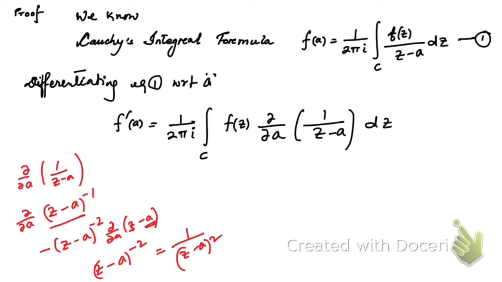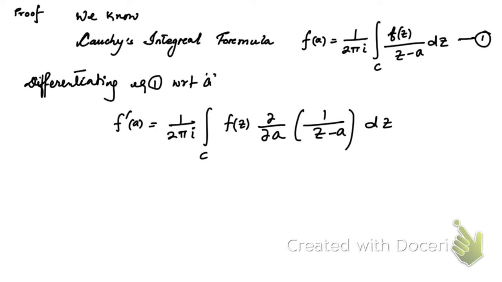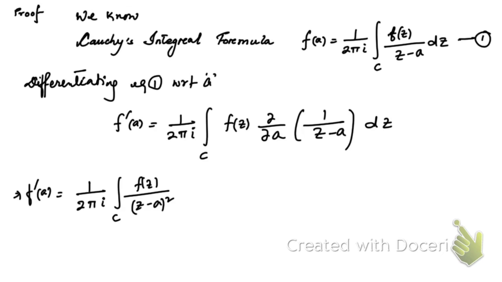So that's why we're going to have f dash of a equal to 1 by 2 pi i, integral along C of f of z, here it will be z minus a whole square dz.